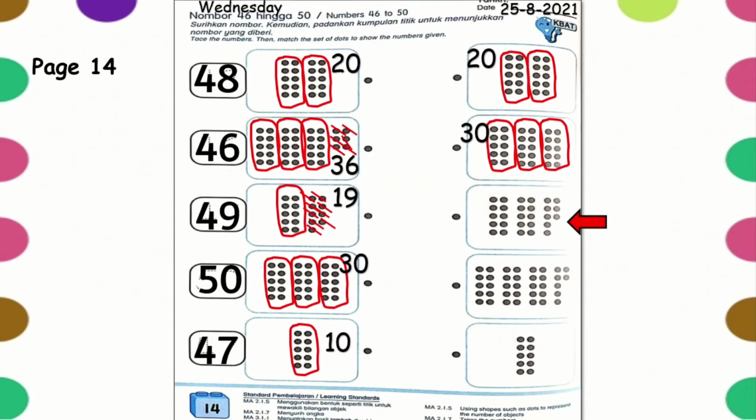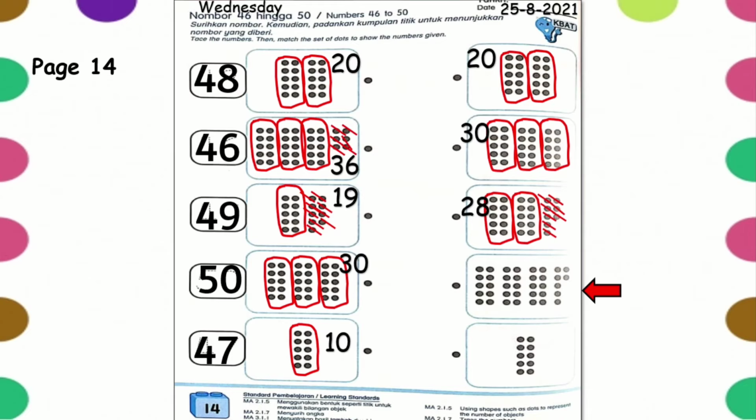Okay, let's move on to the next one. 10, 20, and the next one we have to count one by one because it is not complete. So 21, 22, 23, 24, 25, 26, 27, 28. Very good. So you write there 28.